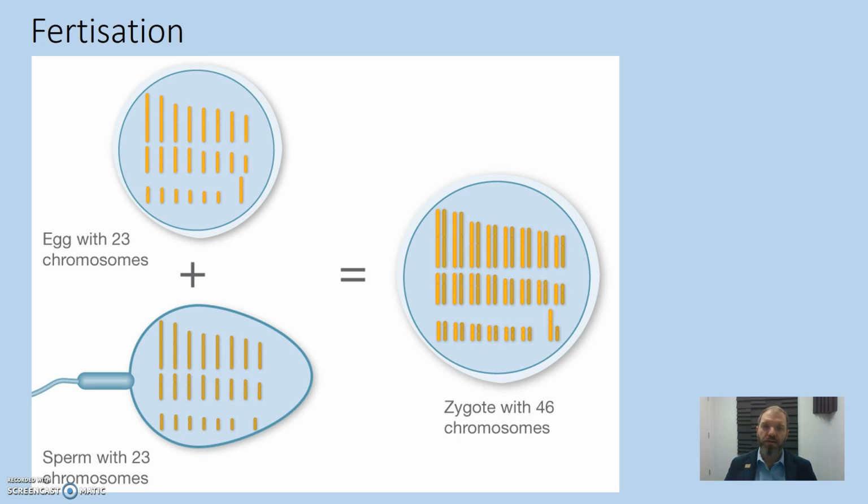And so by looking at mutations, independent assortment, crossing over, and then combining those through fertilization, we end up with a genetically unique individual with 46 chromosomes in 23 pairs, but this combination may never have occurred before. And so this is one of the very powerful things of sexual reproduction, is that it has just the right amount of variability to create offspring that resemble their parents but are also unique and genetically diverse.